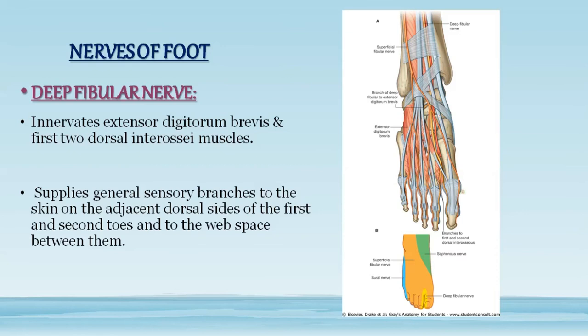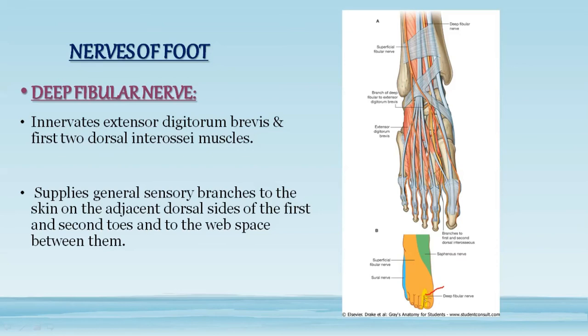This is the deep fibular nerve, the yellow color. This deep fibular nerve supplies sensory branches to the skin on the dorsal side of the first and second toe, and the first web space which is present between these first and second toe.